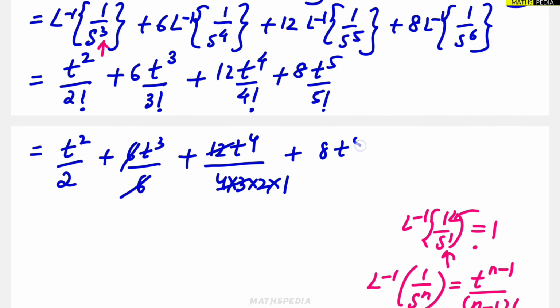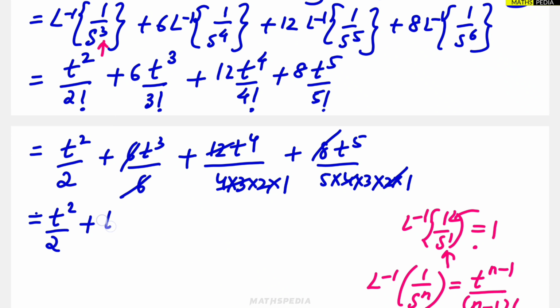Then 8 into t power 5 divided by 5 factorial, which is 5 into 4 into 3 into 2 into 1. Here 4 twos are 8, gone, what is left out is 15. So the final answer you can write as t power 2 divided by 2 plus t cube plus t power 4 divided by 2, plus t power 5 divided by 15. So this is your final answer.